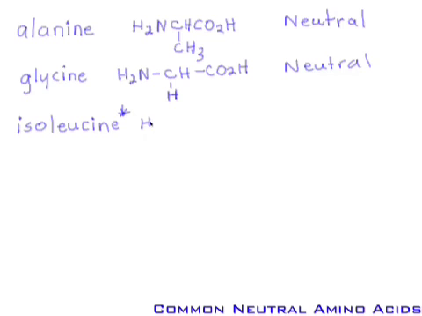Isoleucine has an alkyl side chain. Do you remember what group it is? That's right, it was a sec-butyl or a 2-butyl.